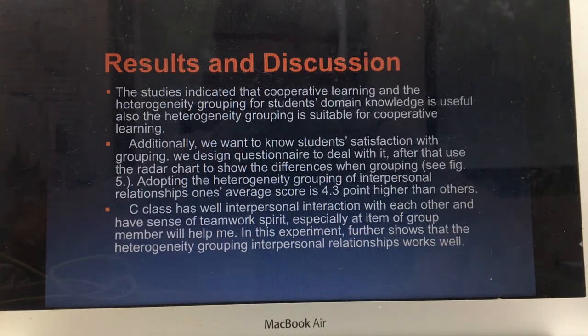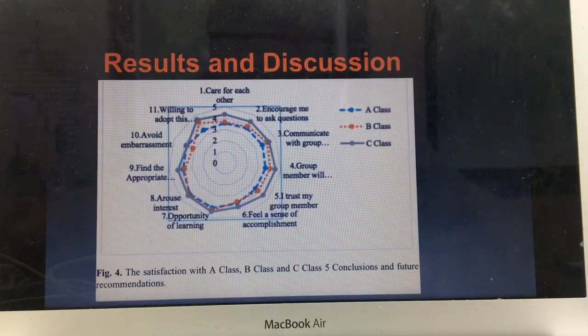So we hope that this study can help people. If you want to use the cooperative learning method in your class, you can try this method.